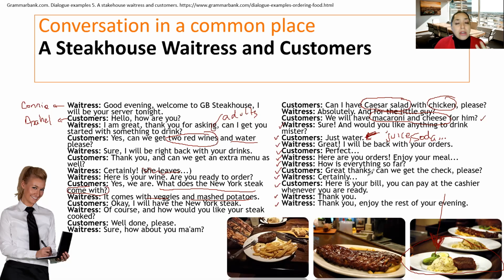And there's also another very common thing that is going to happen when you order something in a restaurant. You ask for the bill or the check. Can I have the bill? Can I have the check? So that's where you have your ticket. And then you can go and pay when you're ready.